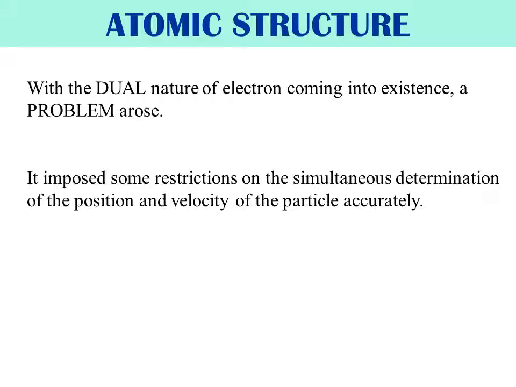And Heisenberg came up with the solution. I hope you have understood what the problem was and what the solution is. Heisenberg stated that we will not be able to measure both, and the uncertainty relation is given by the product of delta x, the uncertainty in the position, and delta p, the uncertainty in the momentum, being greater than or equal to h bar by 2.